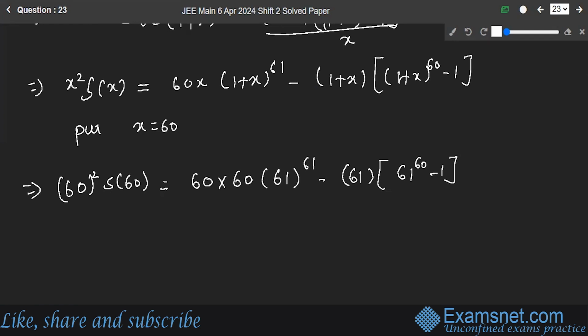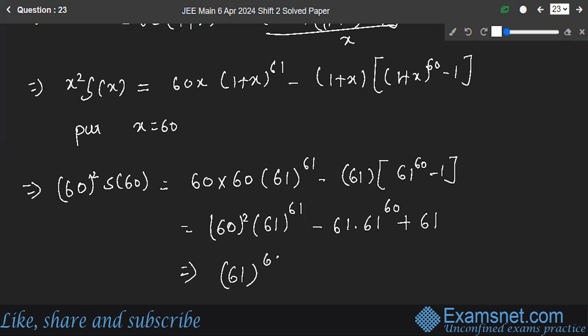So this will give me 60 squared times 61 raised to power this, minus 61 into 61 raised to power this, plus 61.